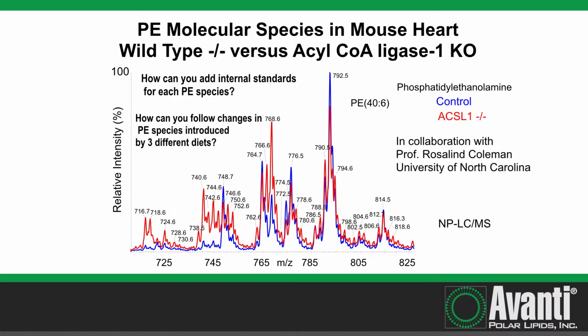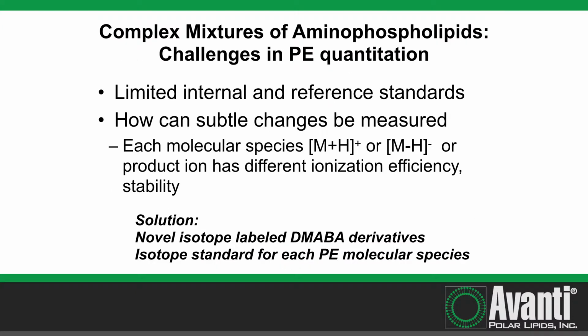But we want to measure subtle differences between individual species of this class of lipids, these aminophospholipids. So this is a challenge, and to measure these subtle changes for each one of these, either as the positive protonated molecular ion or as the negative ion, we really have to come to grips with the fact that each one of these has a very different ionization efficiency and stability.